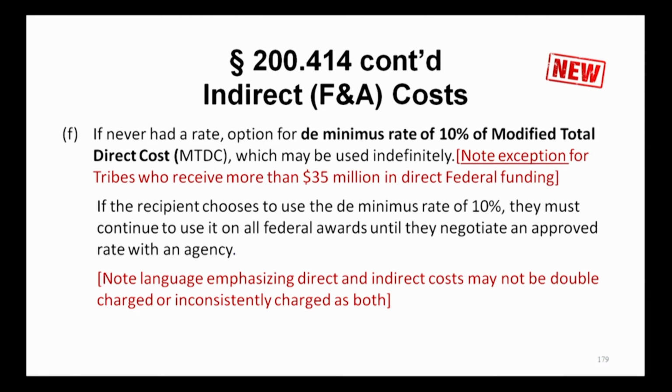What this means is, if you're a small tribe and you've never had an indirect cost rate, you have the option to take 10% of your modified total direct cost.